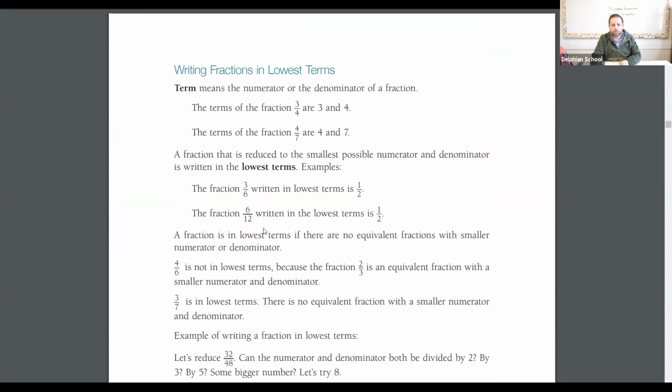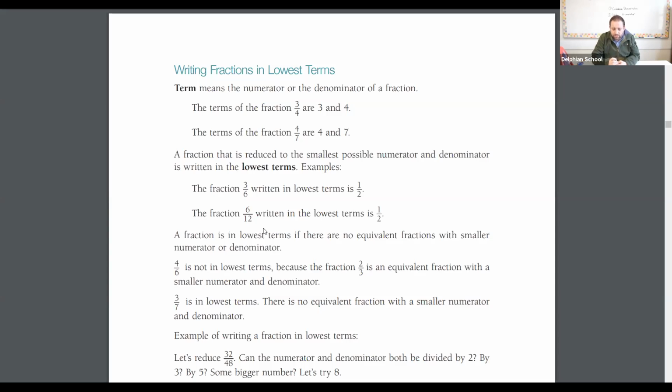Okay, so we're going to be talking about lowest terms. Term means the numerator or the denominator of a fraction. The terms of the fraction 3/4 are 3 and 4. The terms of the fraction 4/7 are 4 and 7. A fraction that is reduced to the smallest possible numerator and denominator is written in the lowest terms.